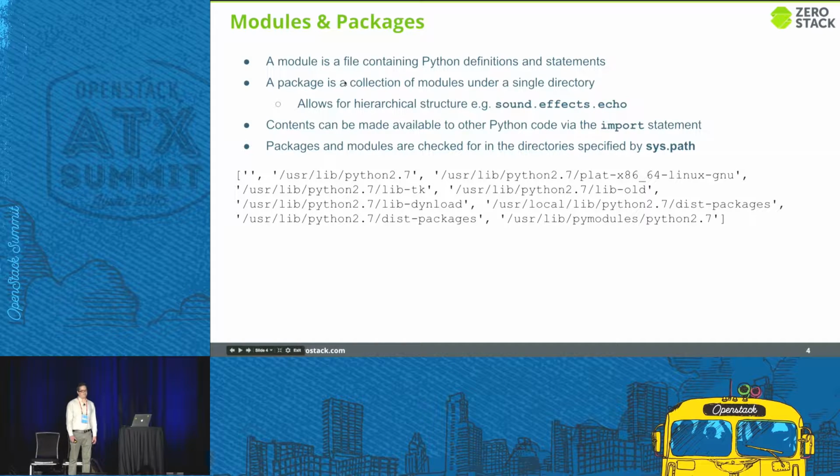A package is a collection of modules held under a directory. You can put packages inside of packages and build a hierarchy of functionality. The example I give here, which I took from the Python documentation, is sound.effects.echo. Echo is the .py file, and sound and effects are directories.